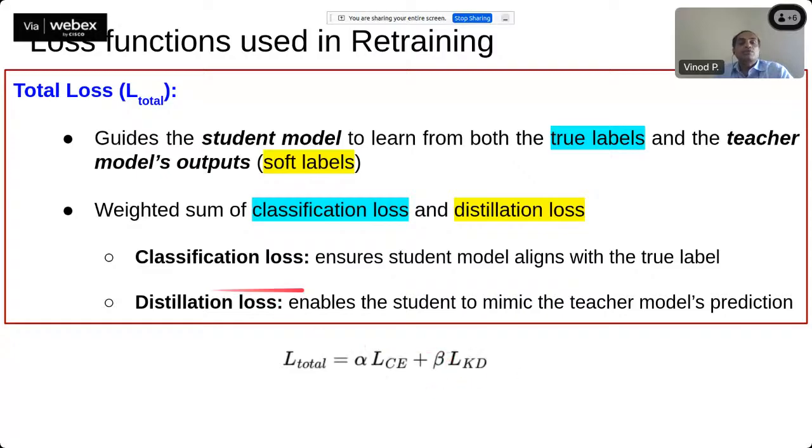So the classification loss should be minimized so that the student output aligns with the true label, and the distillation loss should also be minimized so that the student mimics the information corresponding to the retained set from the teacher model.